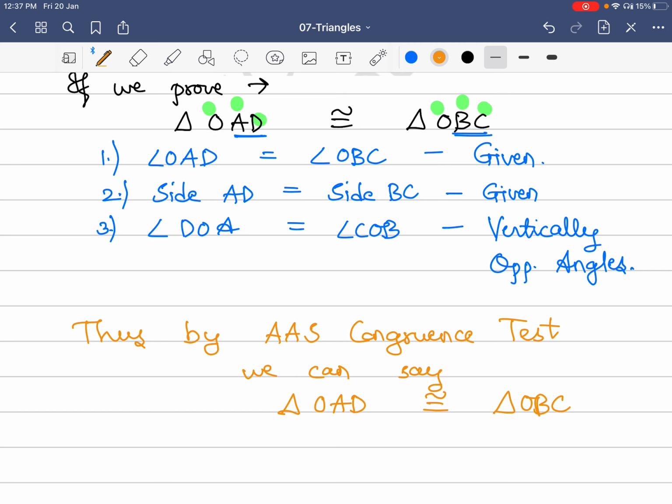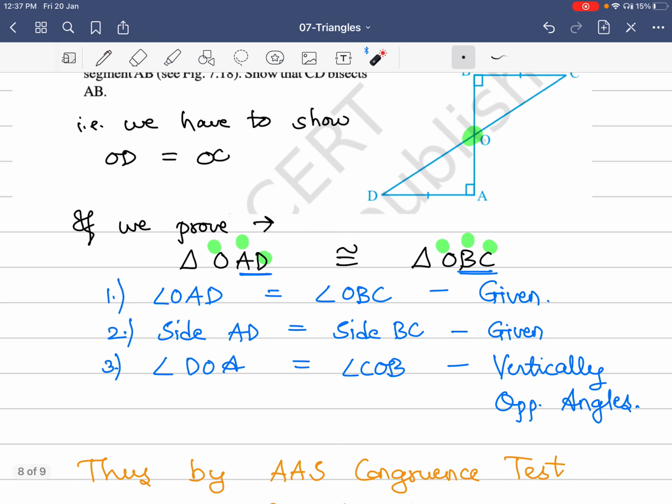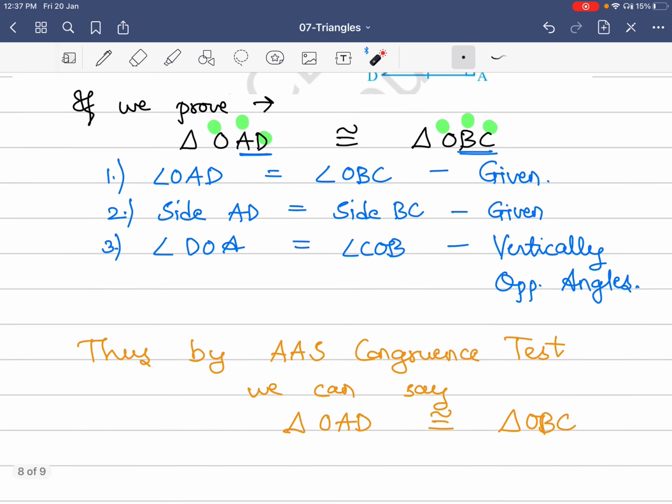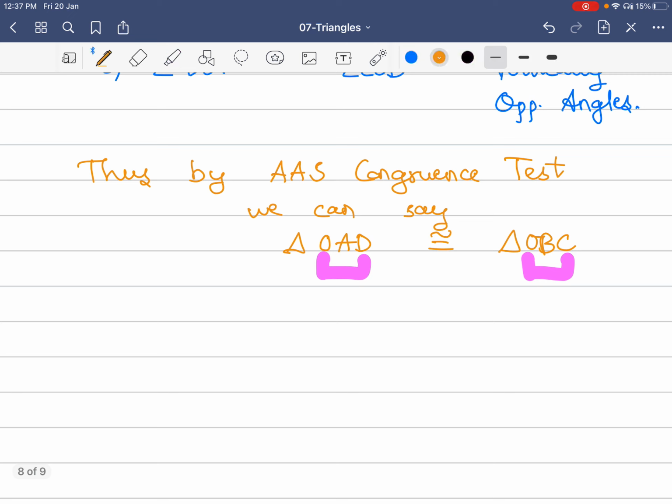Once we have proved this, then we can easily say this part, OD and OC. So let me use the highlighter once again. This is OD, and this is our OC. Once we prove that two triangles are congruent, all three sides and all three angles of both triangles are also congruent to each other.